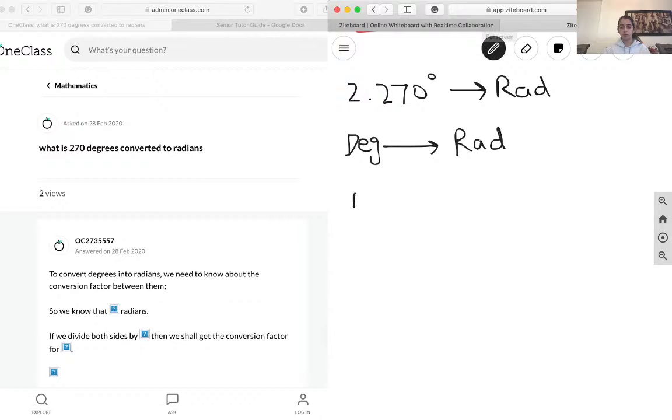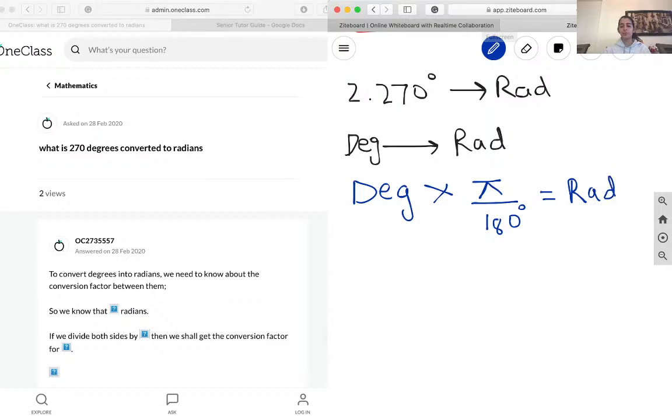I'm just going to use the blue color so it's easier. Take the degree and you times it by pi over 180 degrees. And then there you go, you get your radian.